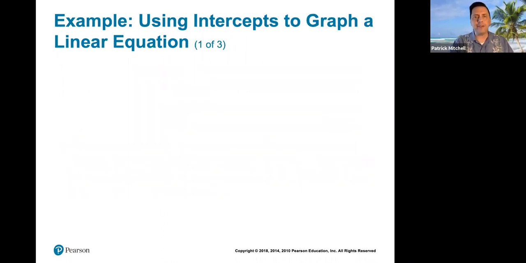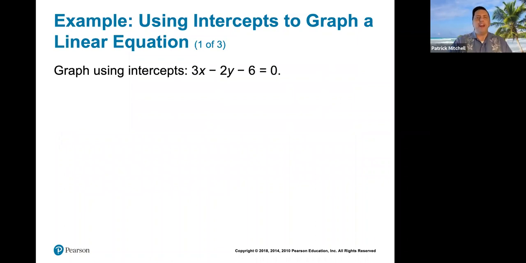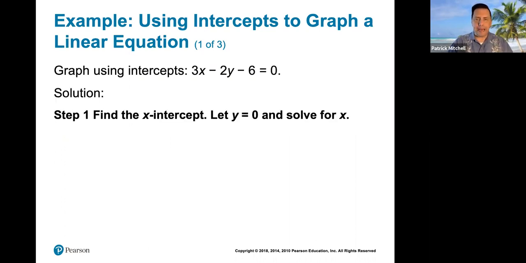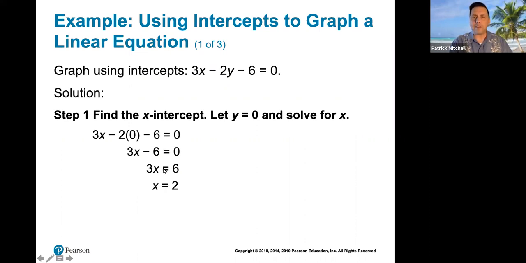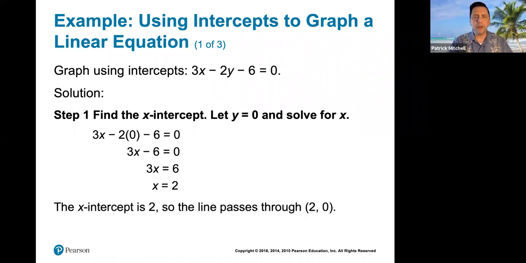Okay. So to graph this line using the intercepts, 3x minus 2y minus 6 equals 0. First, we'll find the x-intercept by setting y equal to 0. That's going to give us 3x minus 6 equals 0, which means x equals 2. So that's the point (2, 0).